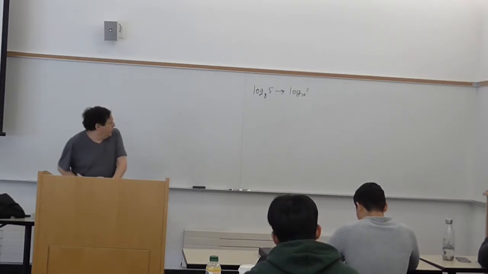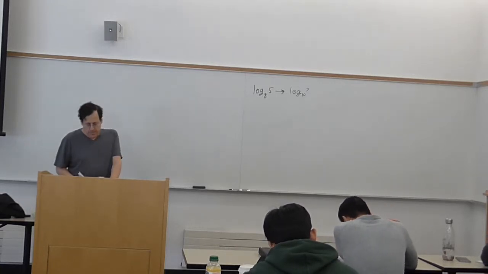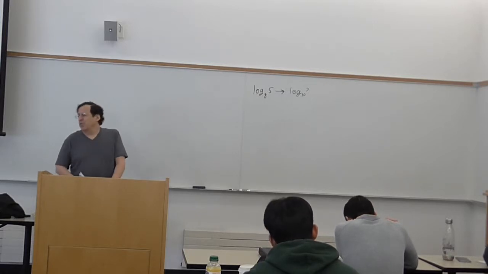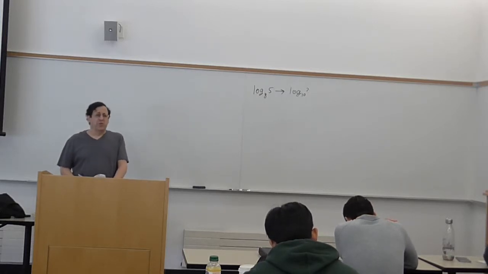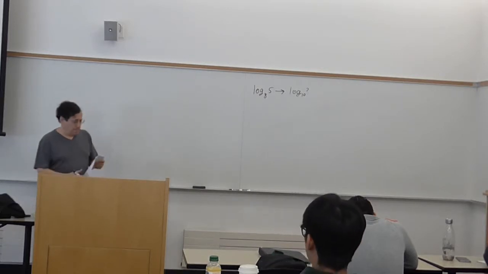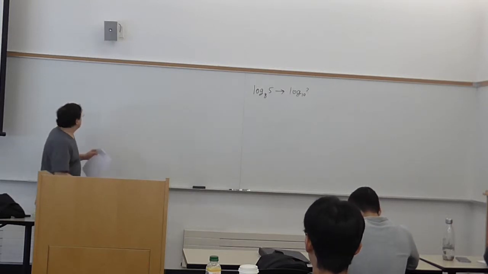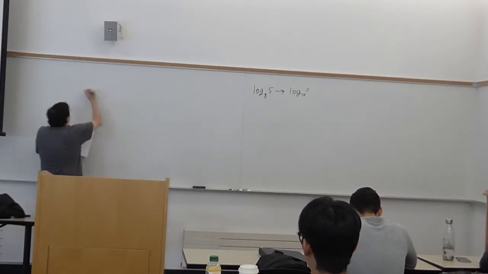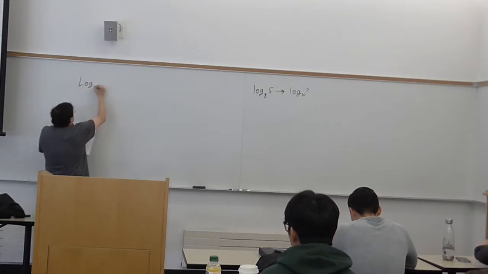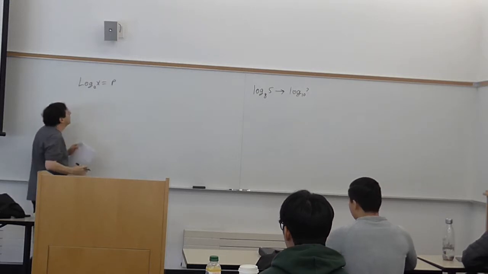So how do we figure out how to do that? Well, this is the trickiest thing we've done with logs. It's probably the trickiest thing we will do with logs. But it's not that tricky. It's pretty straightforward. So we're going to start with the expression log to the base a of x equals p.